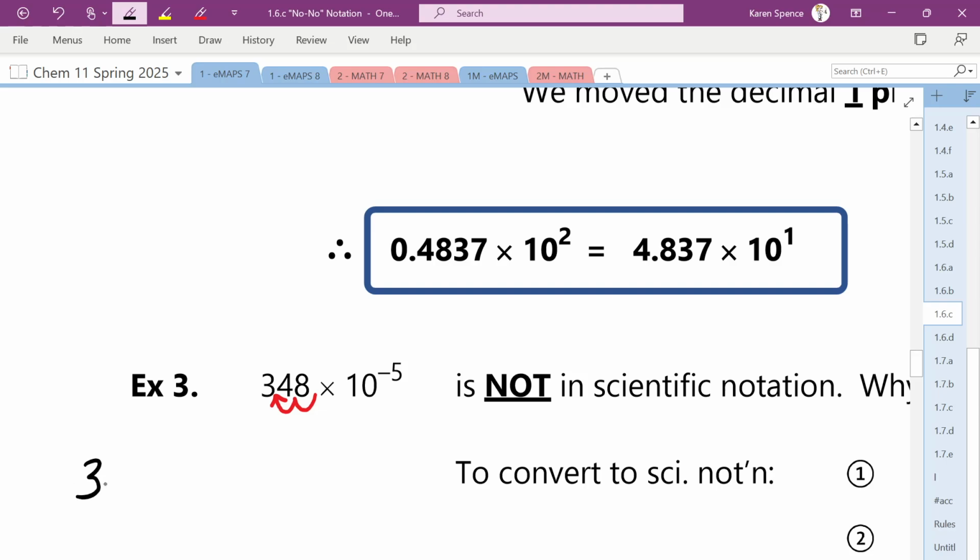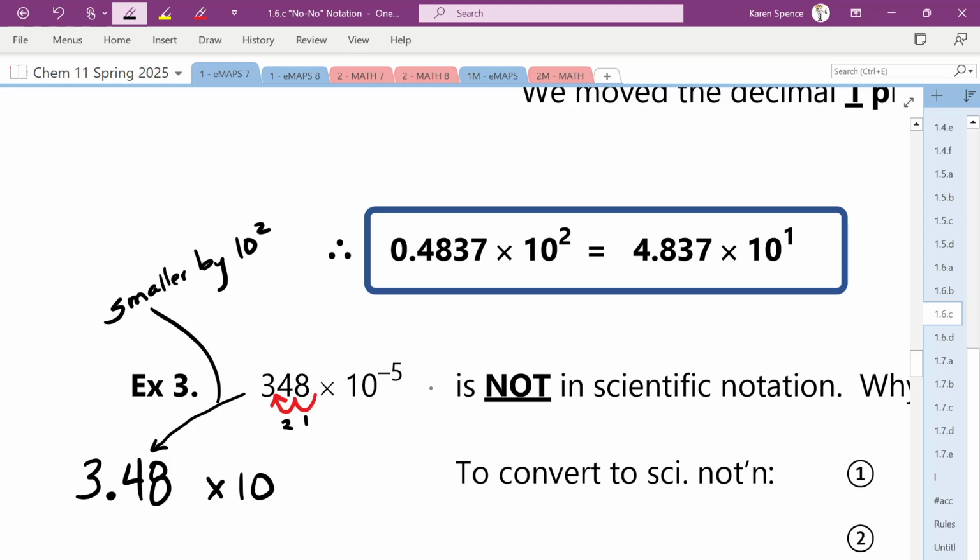So it becomes 3.48. This number got bigger or smaller? Smaller. By how much? By 10 to the 2 because we moved our decimal place 2 places.